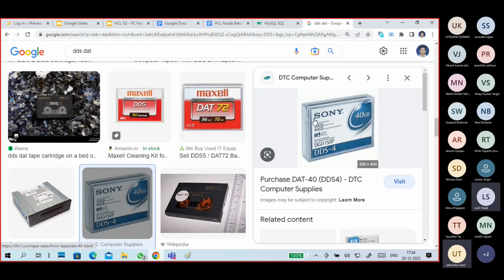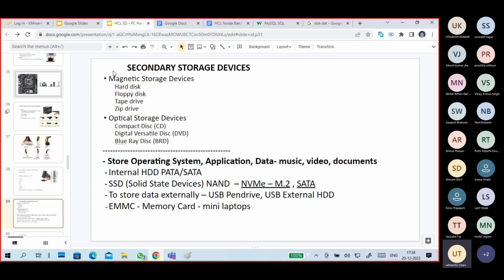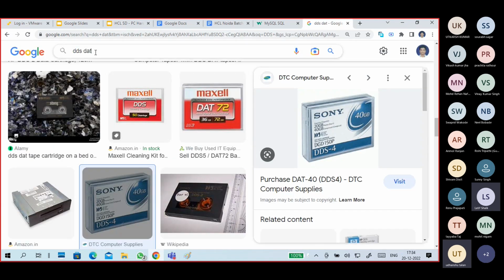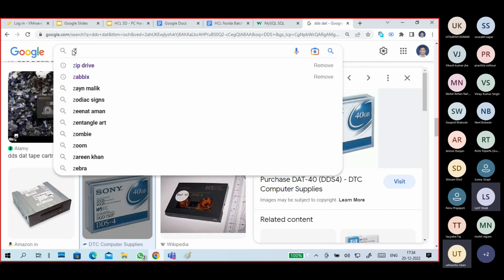These were also used in a certain period for camcorders, like DVD recording purposes. Zip drives also store heavy data, to transfer the data from one place to another place.